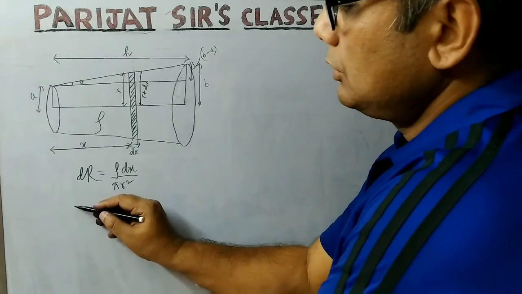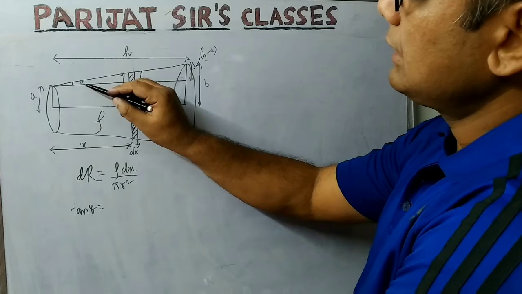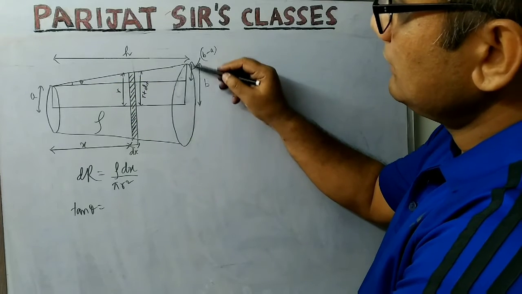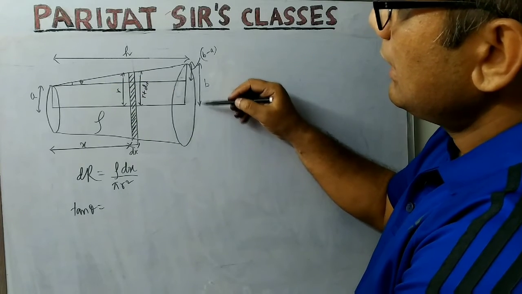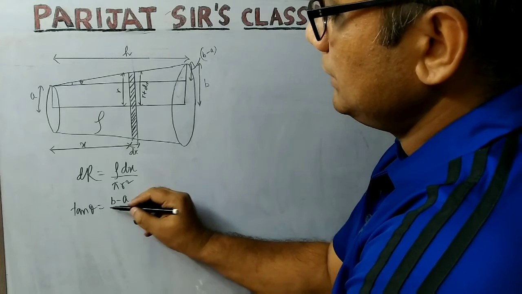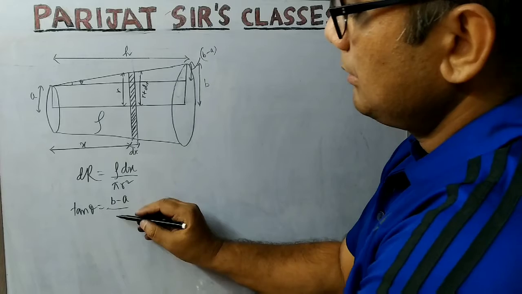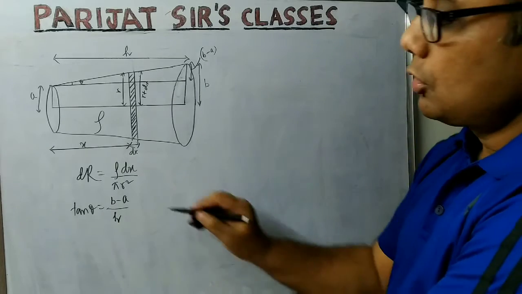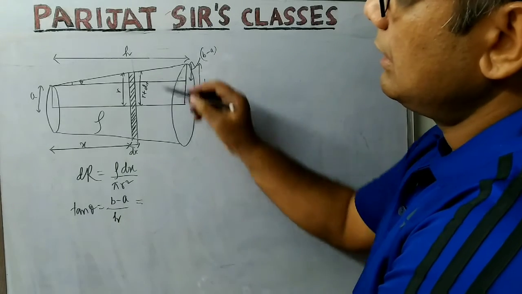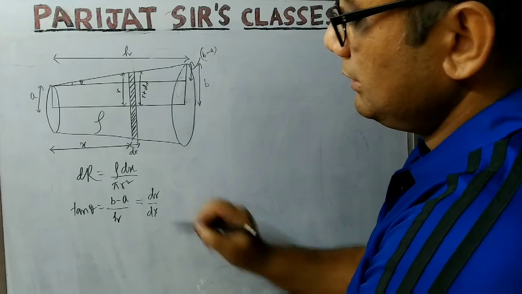Correct? So in the figure, see tan theta, what is this? This is B and this is A, so this is B minus A. So I can write tan theta is B minus A, the perpendicular, by the base, so base is H. Also I can write tan theta will be dr by dx.